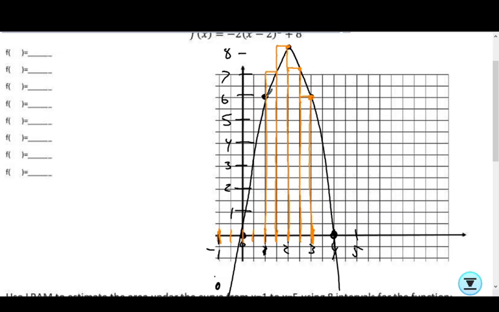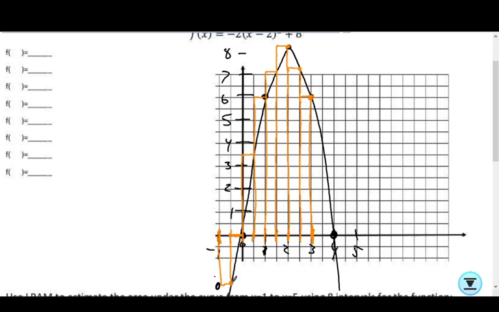This one will hit here like that. This one here like that. This one will hit here. And then this one hits on the right side, so it'll be like this. Okay, so those are what my rectangles look like.